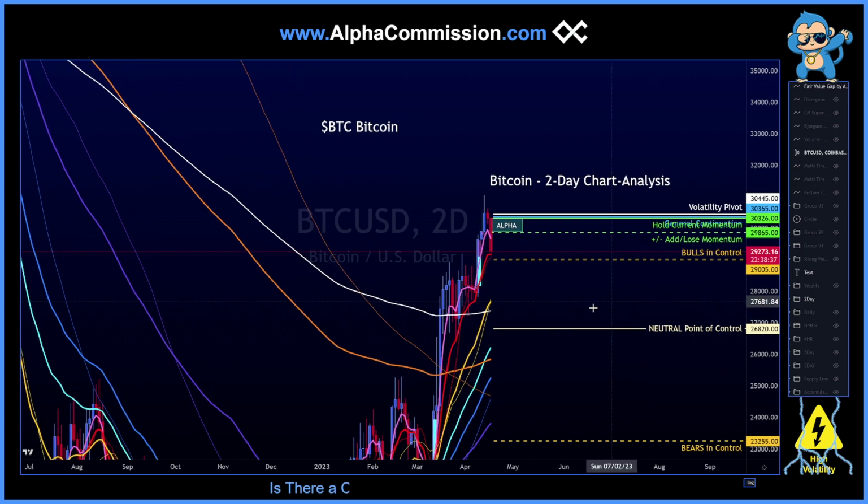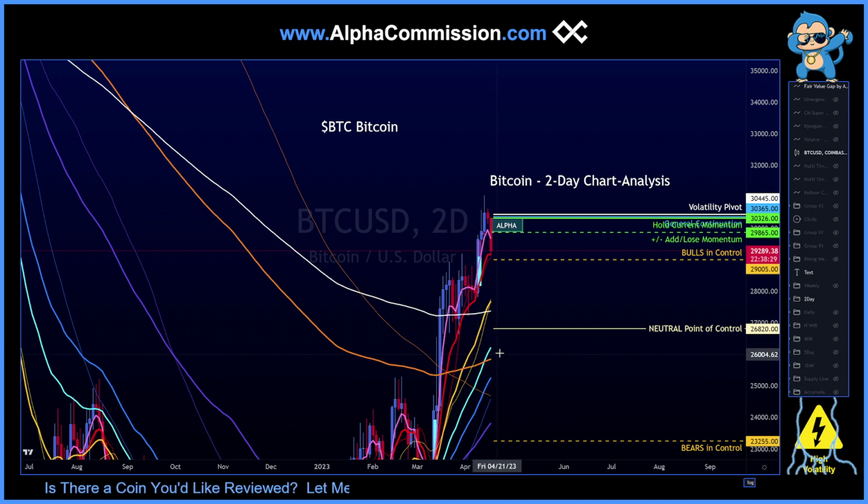And even if we do, we have the neutral point of control at 26.8, and we also have the 200 EMA at 25.9, so basically 26,000. So I think that that's really the bottom of the chart between 27.5 and 26,000. I don't think we're going to be able to break below that. I just couldn't see it happening.